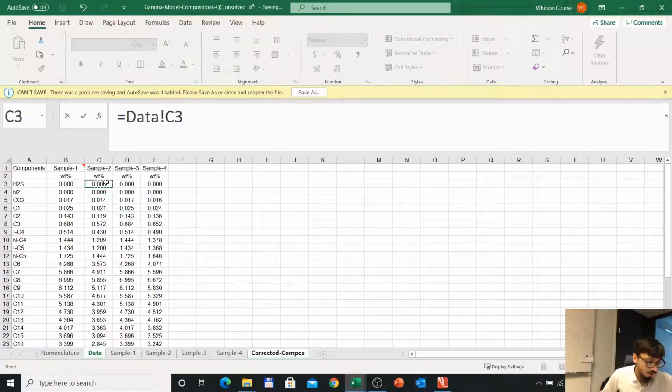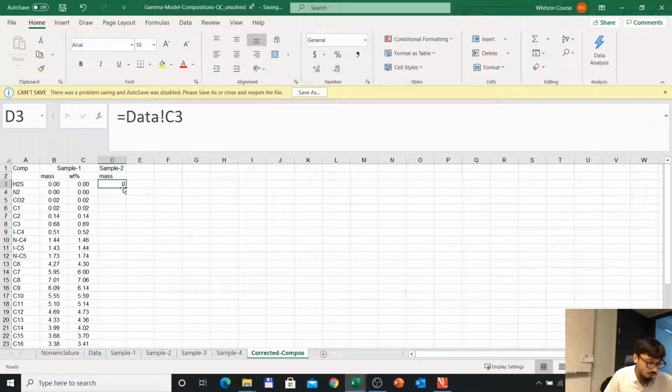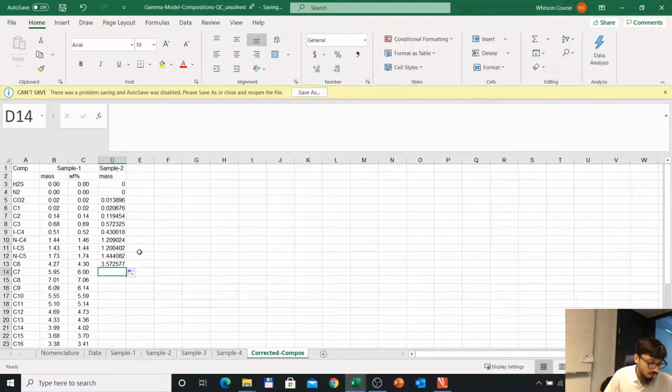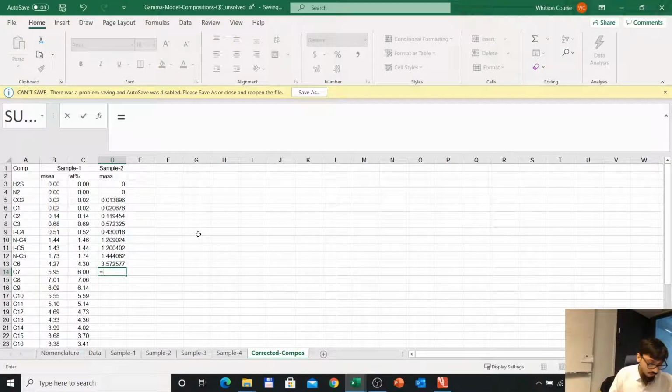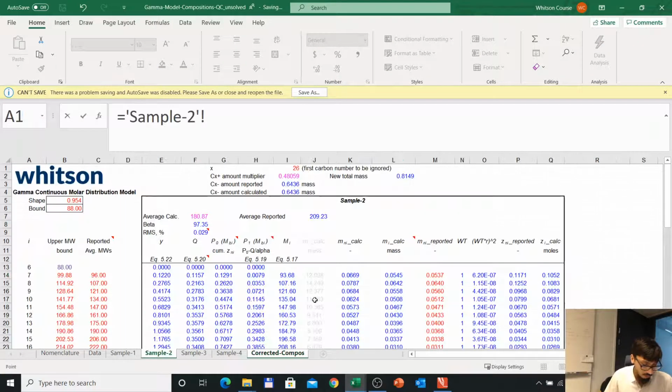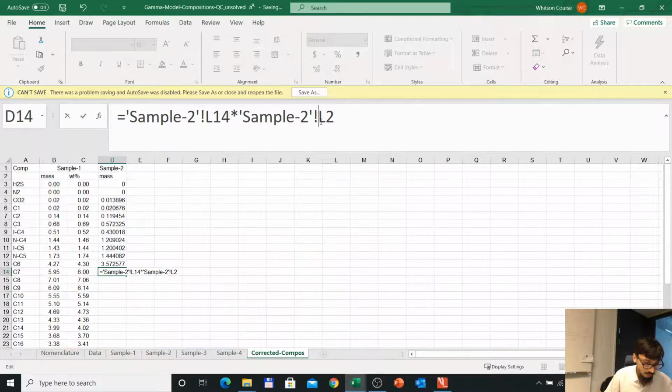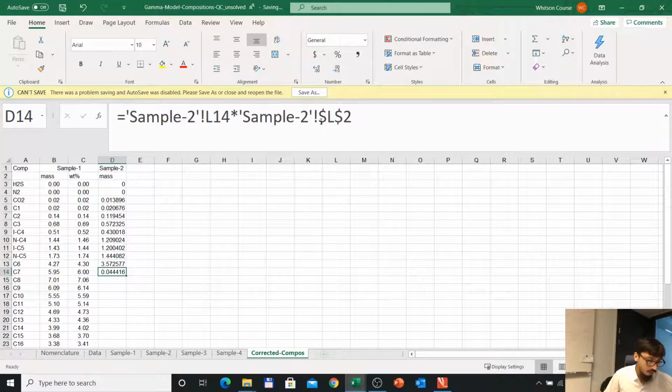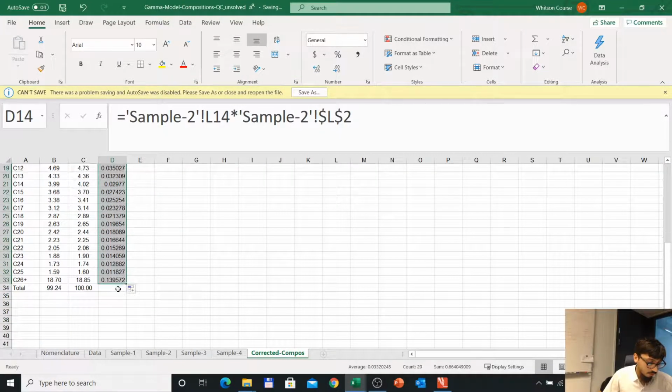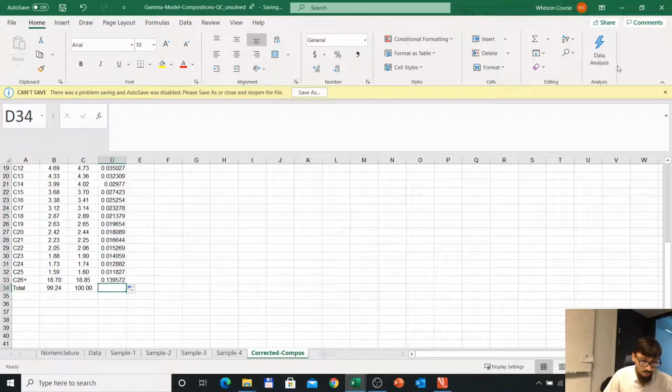For C6 minus, we know that those masses are the same as the lab data, and for C7 plus, we have the new calculated mass. This number is multiplied by this number, which should be fixed.